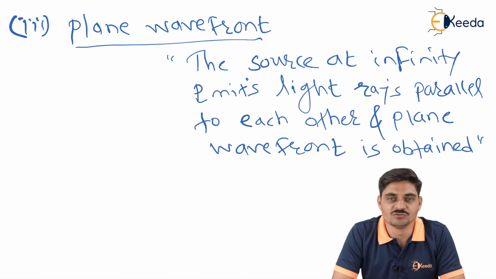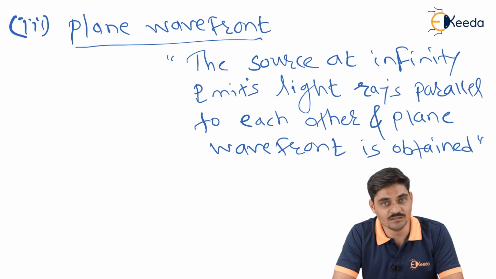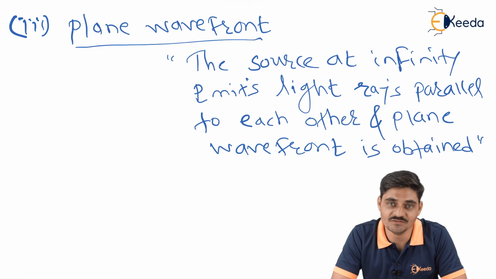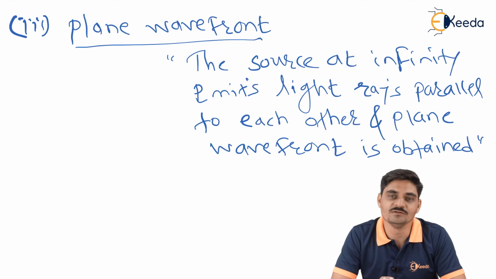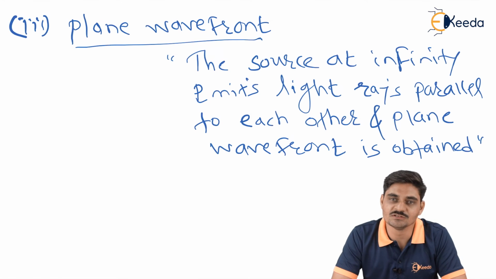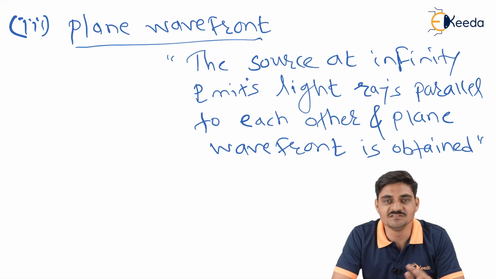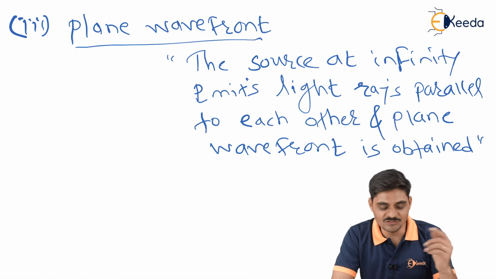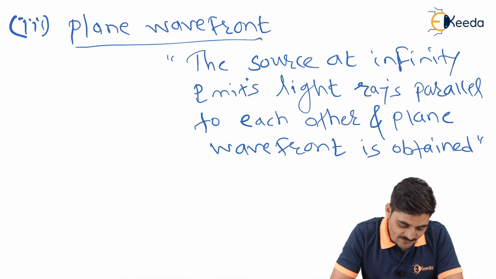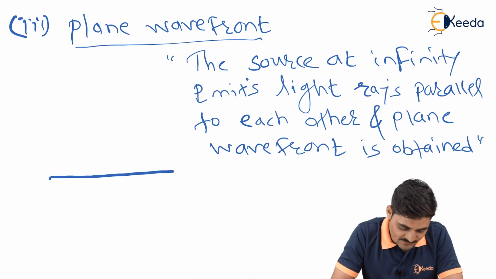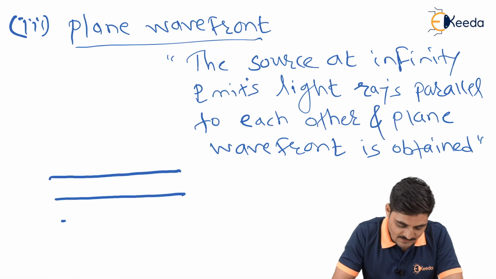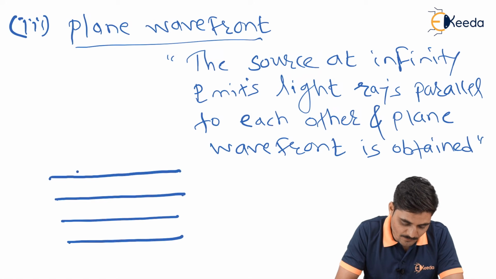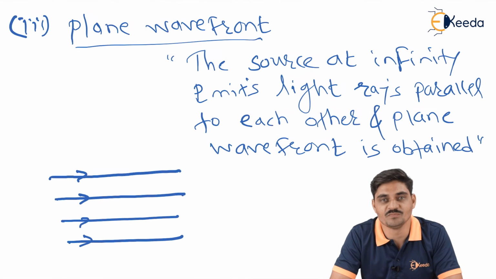What does it mean that source is at infinity? Really, does source at infinity mean somewhere it is in another galaxy? No. Source at infinity means the source is so distant from our observation point or our screen that, when light rays reach our observation point, the light rays are observed parallel to each other.